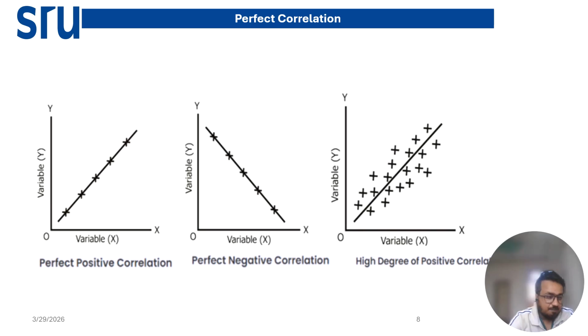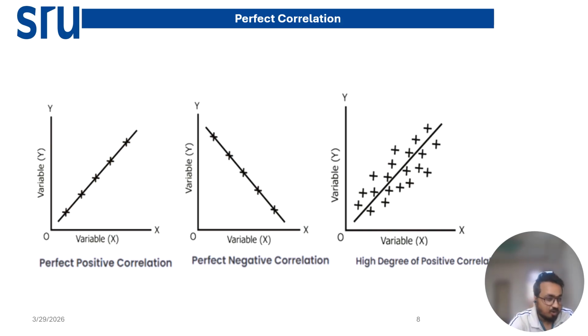If the points are closely clustered along a line, then we can say that the given variables are strongly correlated. And if the points are widely scattered, then we can say that the variables are weakly correlated.